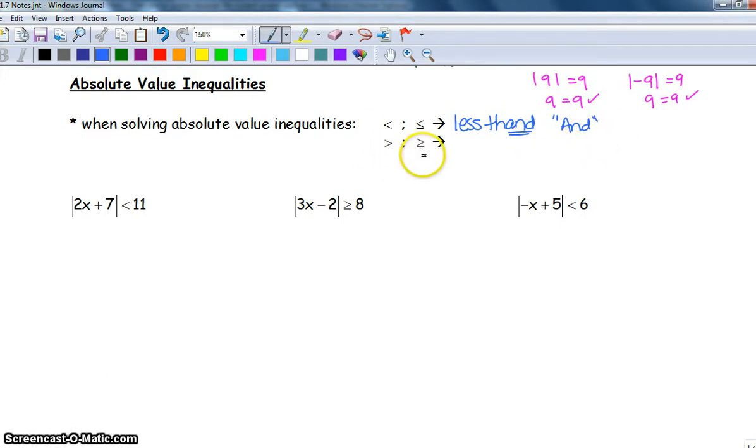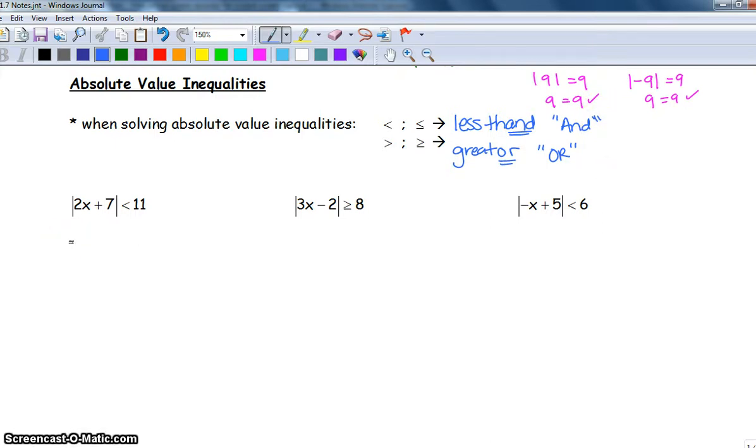Here you've got greater than or equal to. So we're going to change our spelling just a little bit here. Instead of "greater," we're going to change the E to O, and we're going to say "greater," and you see that you have an "or" compound inequality. So a little trick: think about what you're saying, which one's closer, "and" or "or."